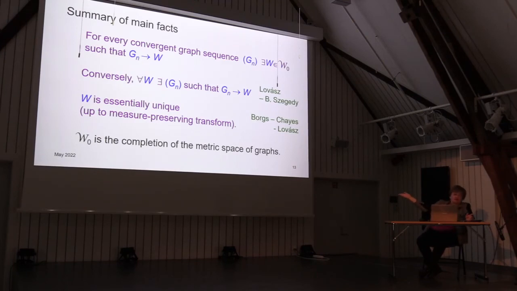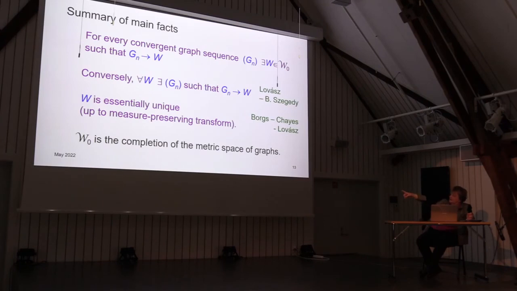Summarize. So for all W, in what sense? All W in this set, from several slides earlier, which is on the unit square, symmetric, measurable, there is a graph sequence which goes to this.